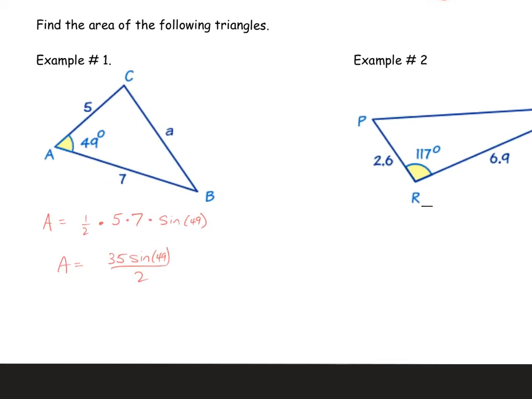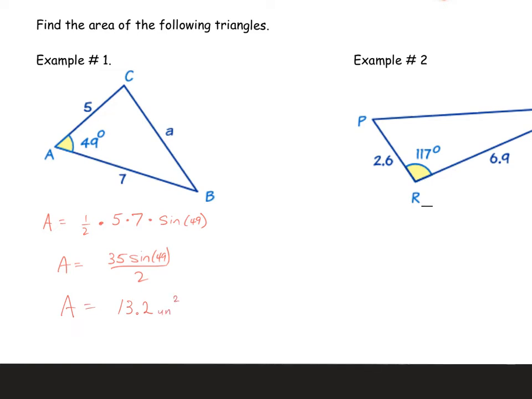Let's say they asked me to round to the nearest tenth. Get your calculator out: 35 sine of 49, divided by 2. Rounding to the nearest tenth, we get 13.2 units squared.